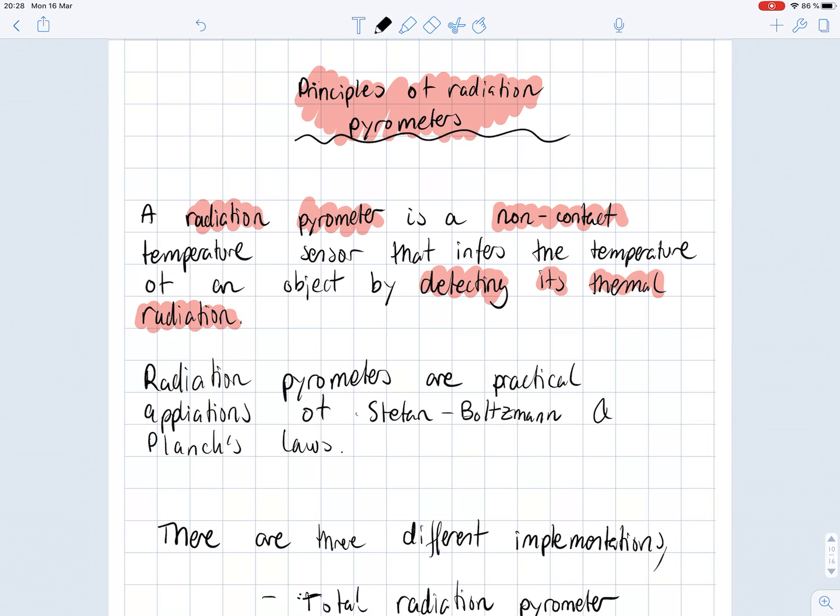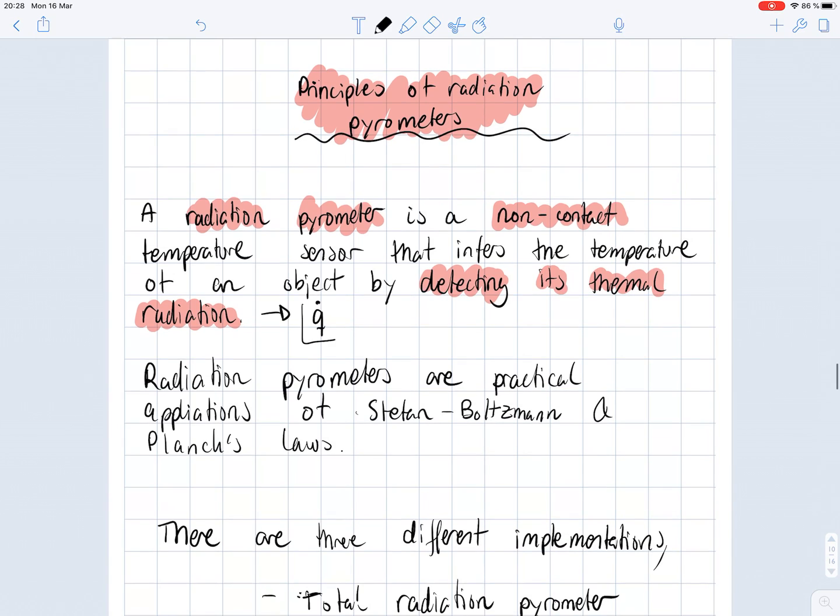So essentially, you measure a flux of energy, and you use Stefan-Boltzmann and Planck's law to then tell us something about the temperature of the object that emitted this amount of energy.